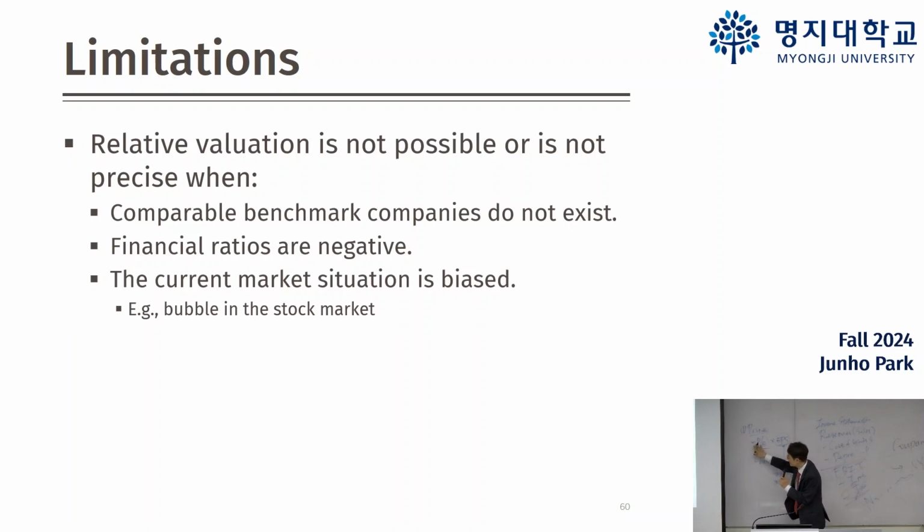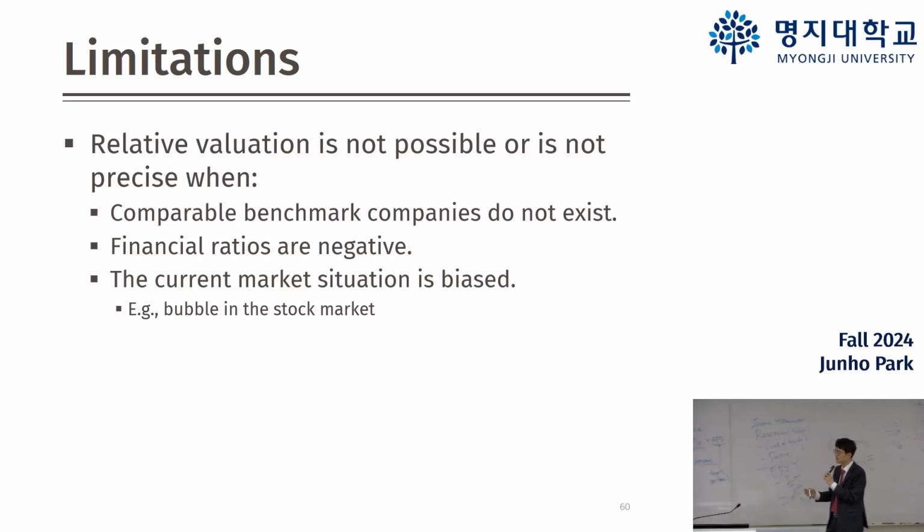And the reason that we are relying on the benchmark is because we believe these are already evaluated by a lot of investors in the stock market. So we believe that this is a reasonable price. However, sometimes the stock market itself is not that reasonable.